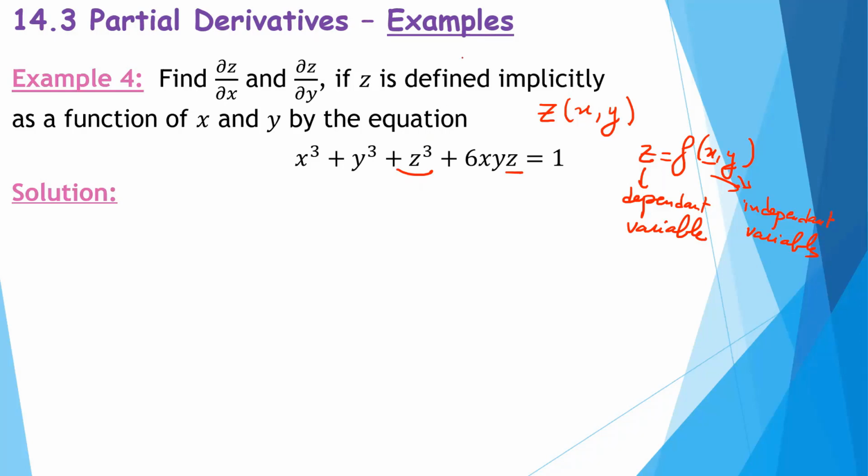This is why we say that z is defined implicitly, not explicitly. No explicit expression of z in terms of x and y. And he's asking to calculate the partial derivative of z with respect to x and with respect to y.